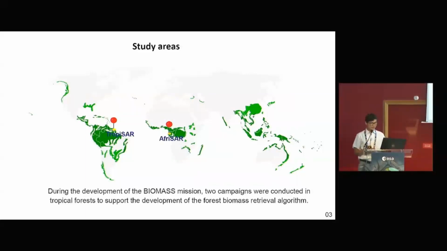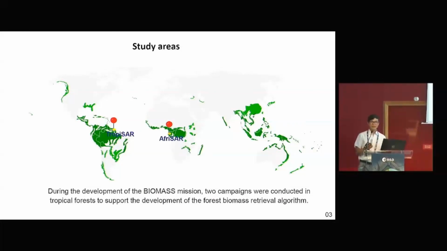During the TomoSAR campaign we gained a lot of knowledge. That is the first time we could see that with tomography we can see something in the volume, something related to what the biomass mission is about. That is the main objective of the biomass.